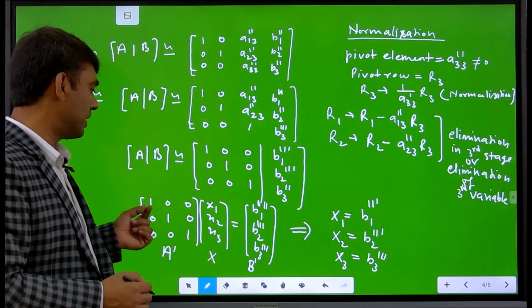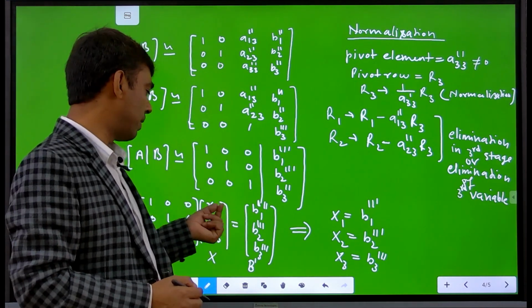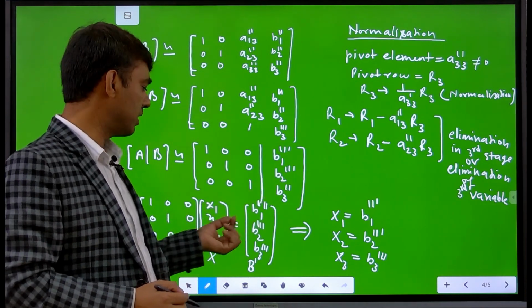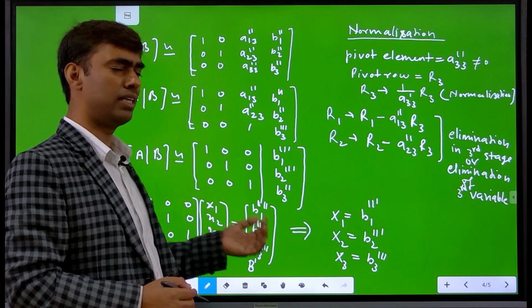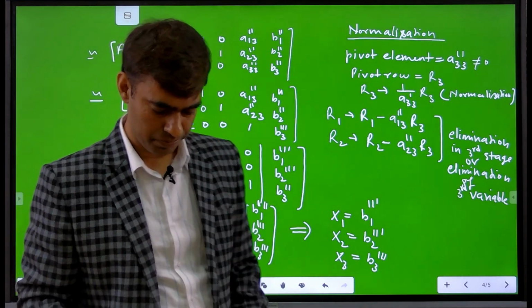Then we directly write the values: x1 equals B1 triple dash, x2 equals B2 triple dash and x3 equals B3 triple dash.